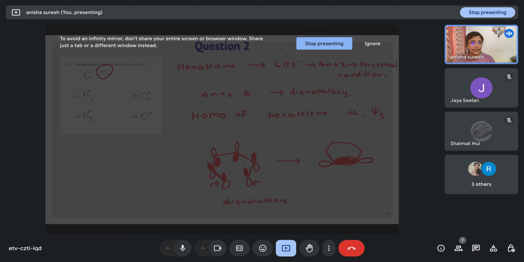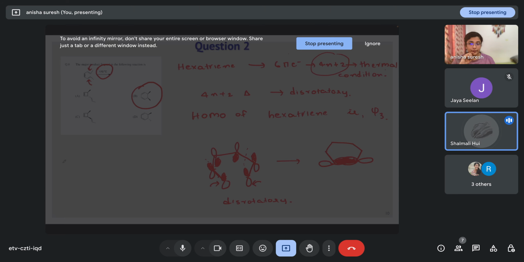So this is the key thing we have to keep in mind: 4n plus 2 thermal condition, disrotation. So that we will be following. So if disrotation is followed in this system, this methyl which is E will come above the plane. Similarly, this methyl which is also E will come above the plane. So option B will be the right answer. Correct?